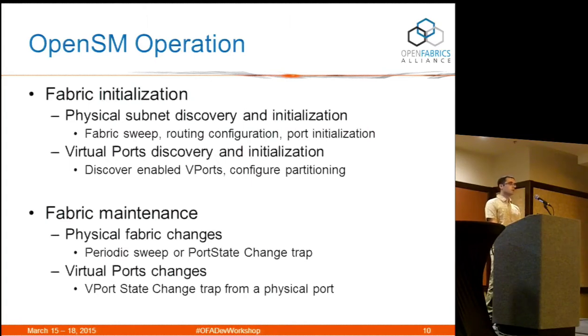It's not desirable, so we think it's better to rely on a trap sent from the physical port in case any of the VPorts residing on this physical port changes its state, goes up or down. So after SM receives this trap, it can collect relevant information only from this physical port that reported a change, update its own database, and configure newly discovered virtual ports.